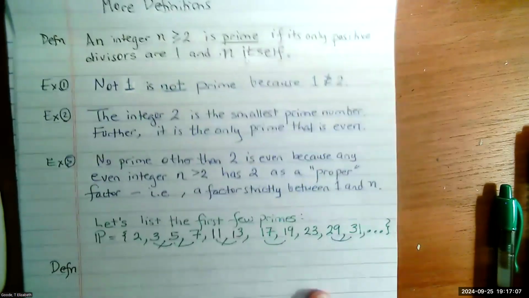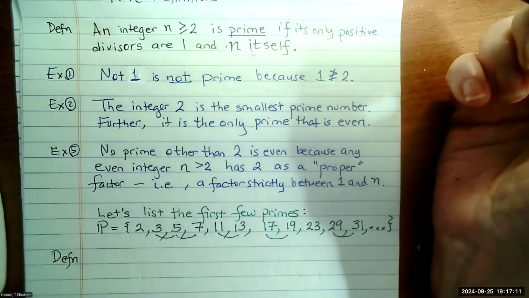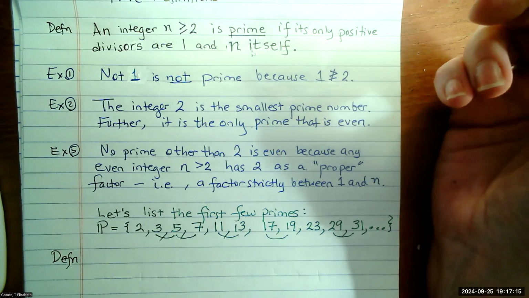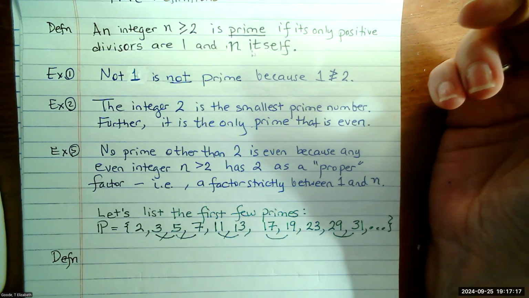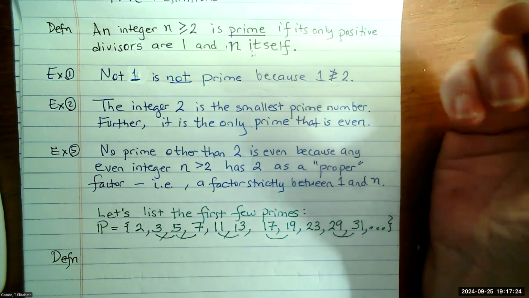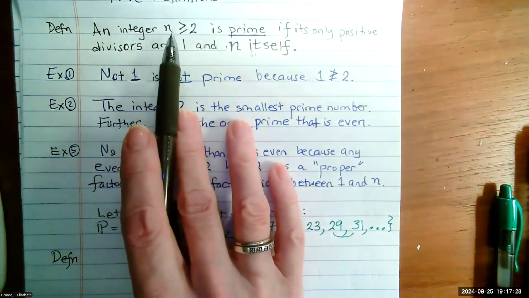Okay, so we've got this definition, and it applies to integers n that are greater than or equal to 2. So kind of in the same spirit that if you look at any integer, you can classify it as either even or not even, in which case, of course, it's odd. When we look at integers n greater than or equal to 2, we can classify them.